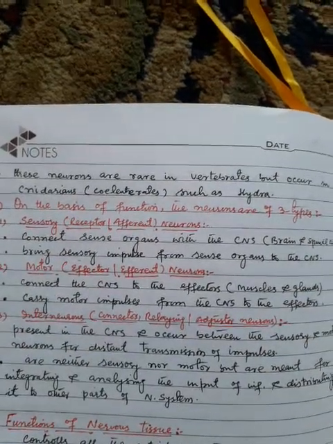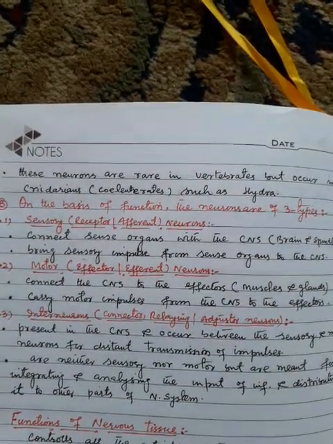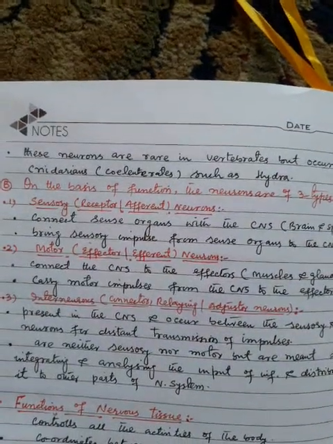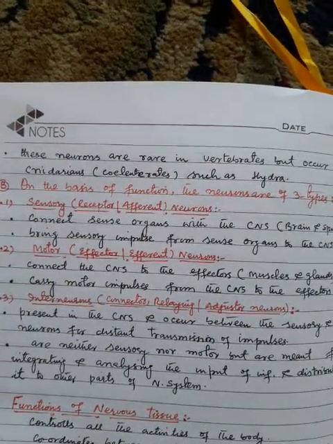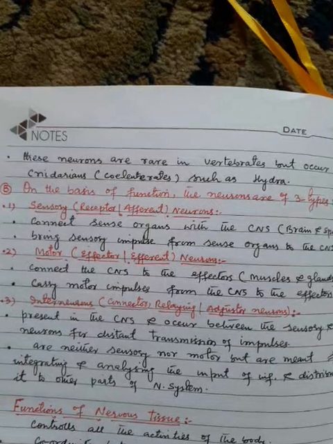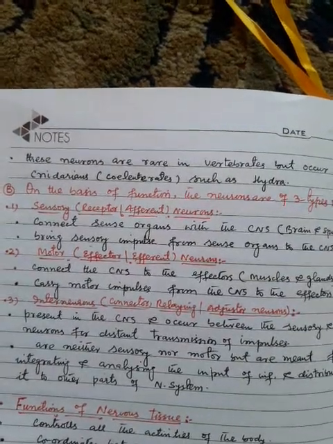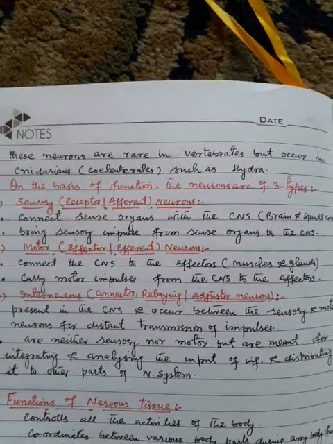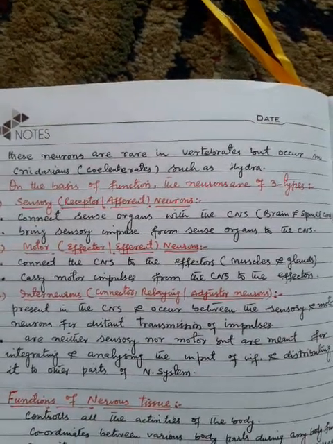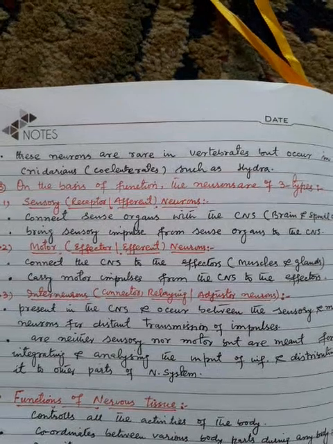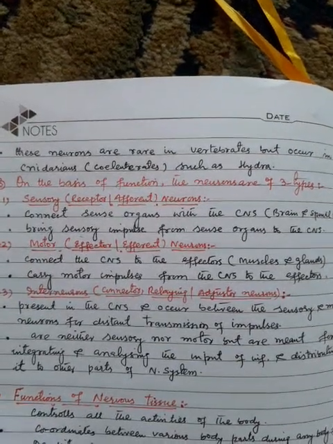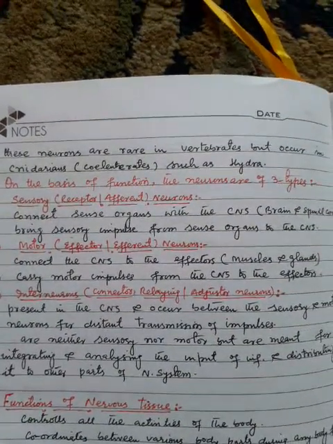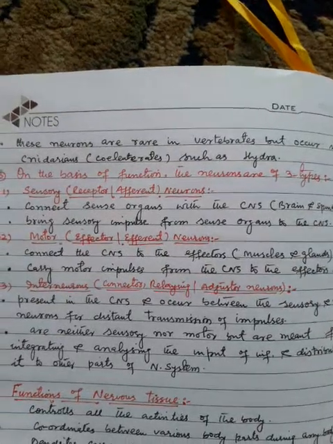On the basis of function, the neurons are of three types. Number 1, sensory or receptor or afferent neurons. Sensory neurons connect sense organs with the CNS, that is central nervous system, that is brain and spinal cord. Sensory neurons bring sensory impulses from sense organs to the central nervous system.